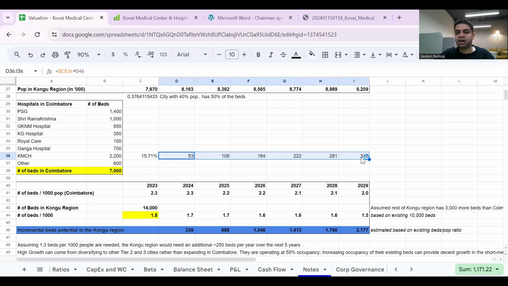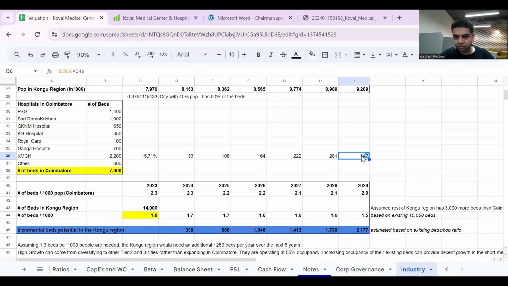So by the end of 5-6 years, it could have around 350 beds, 342 to be precise, as per this rough maths.